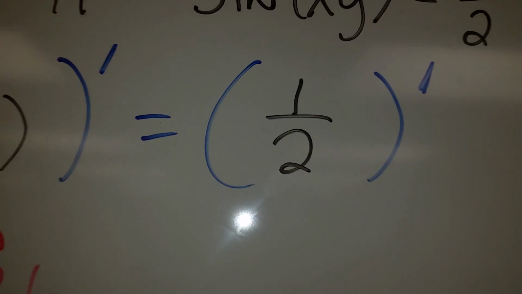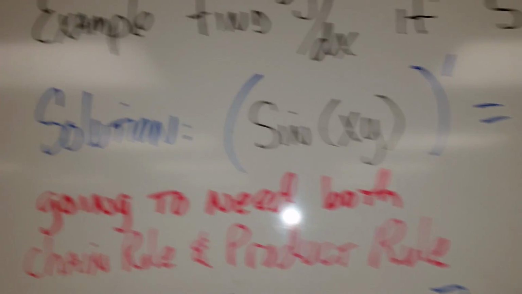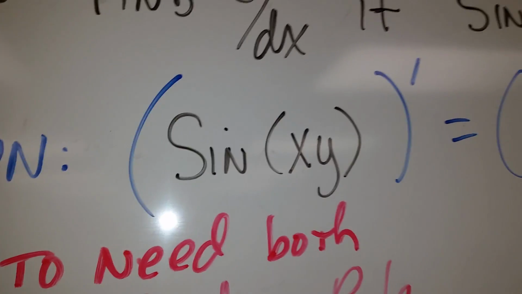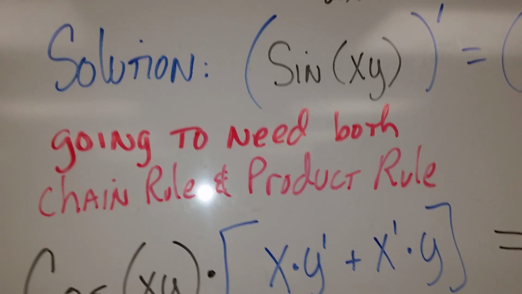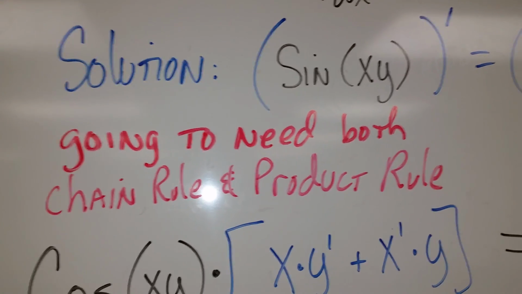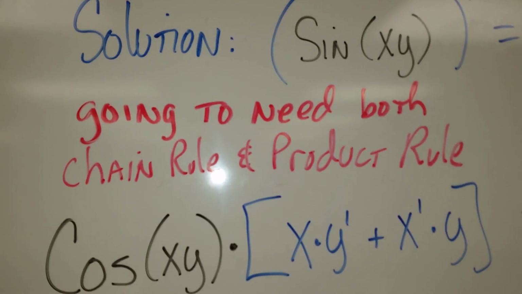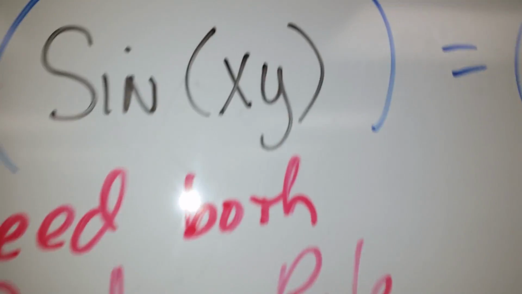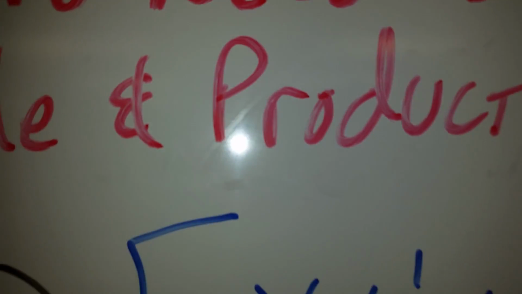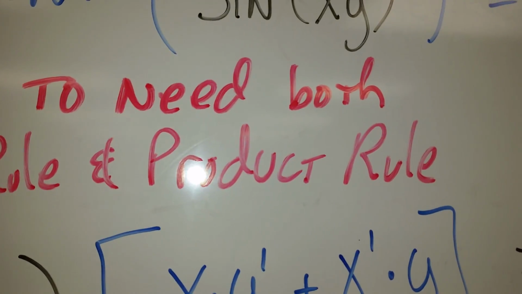But for this side, we've got a couple things going on here. We're going to need both the chain rule, because there's something going on inside the sine function, and what's going on inside the sine function is a product, so we will need the product rule.